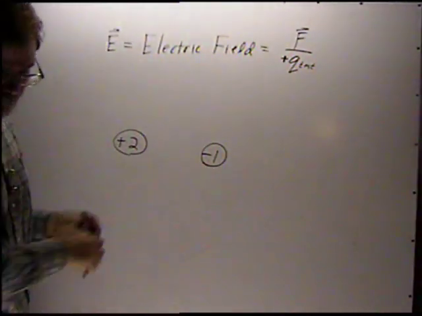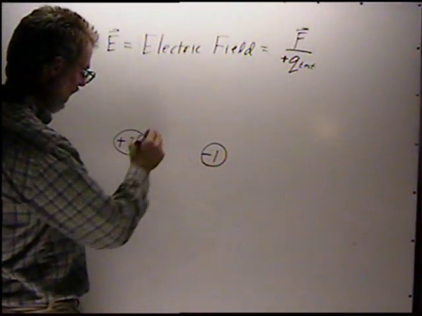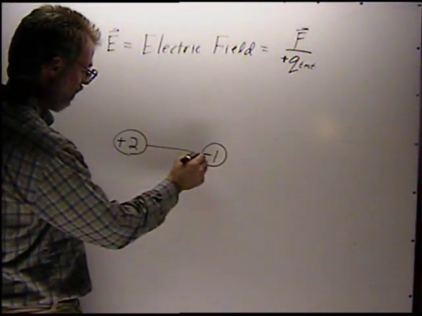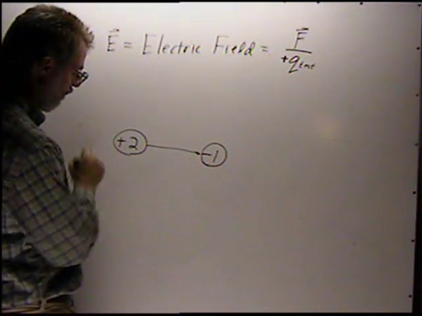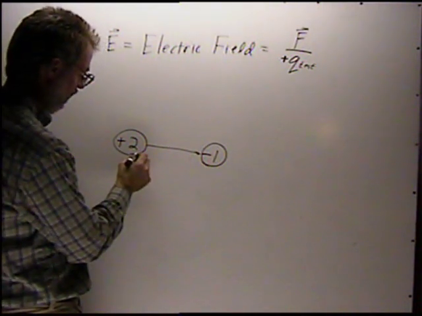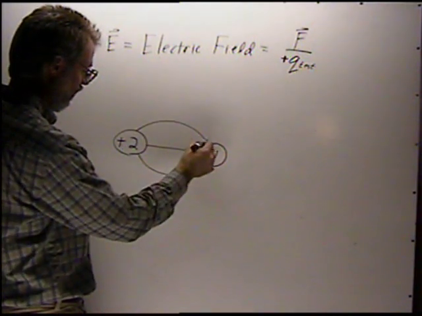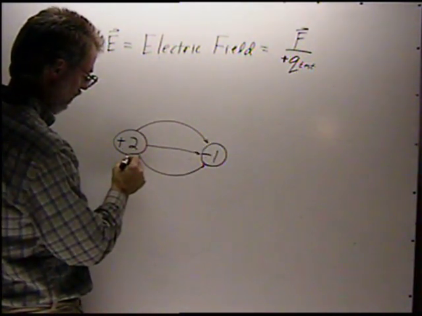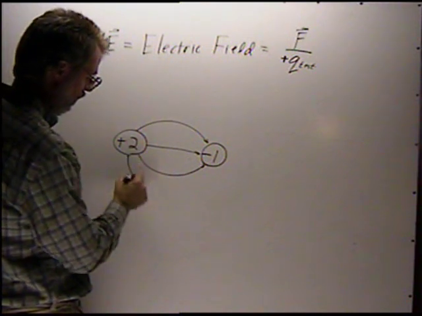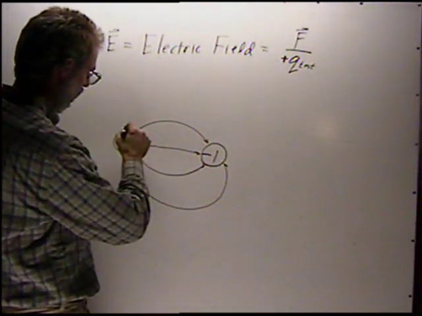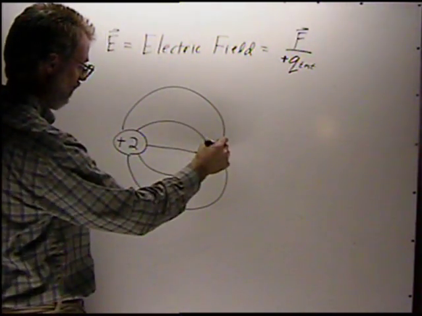So how would it look? Remember, the lines come out of here, so here's 1, here's 2, here's 3, here's 4, here's 5.